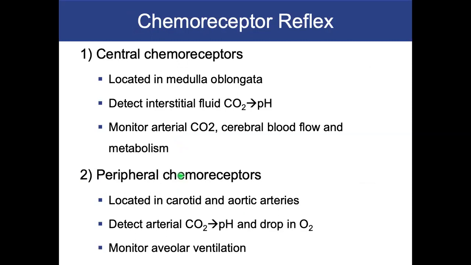Right, so let's take a look at the chemoreceptor reflex. For lab, I want you to diagram this out, and I want you to know this for lecture and lab. This is really important. Let's say you have an increase in CO2. Your mechanism to breathe is based off an increase in CO2.